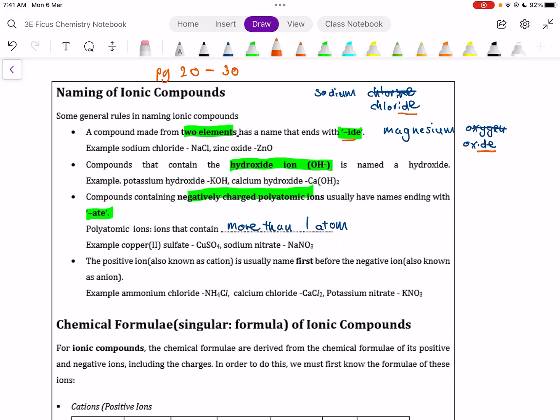And then for negatively charged polyatomic ions, the name normally ends with ATE. For example, your carbonate, CO3 2 minus. So these are something unique. Polyatomic basically means there's more than one atom.